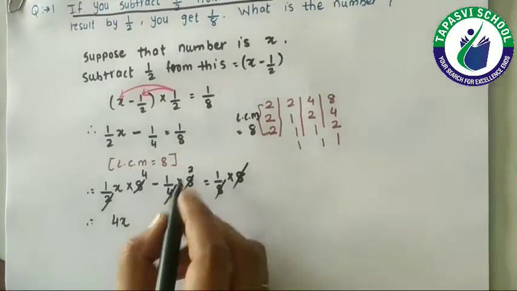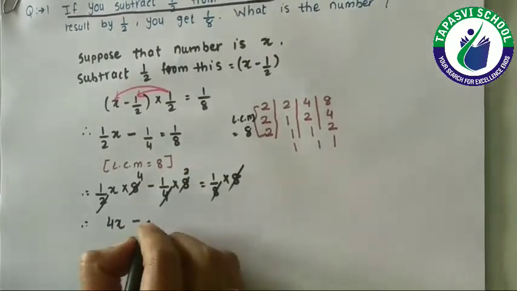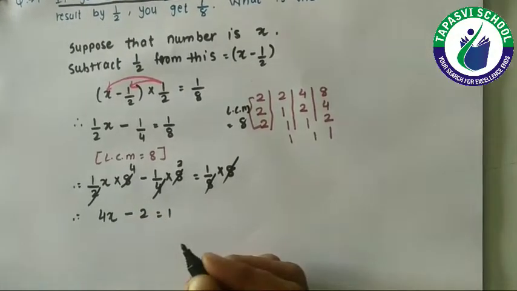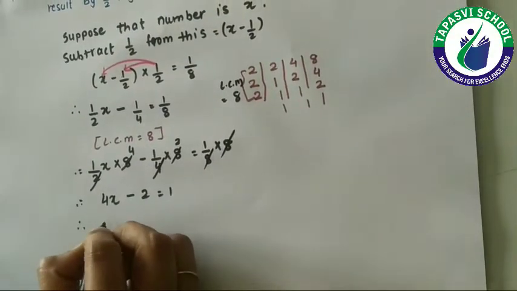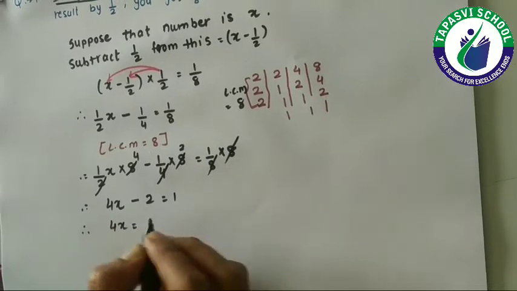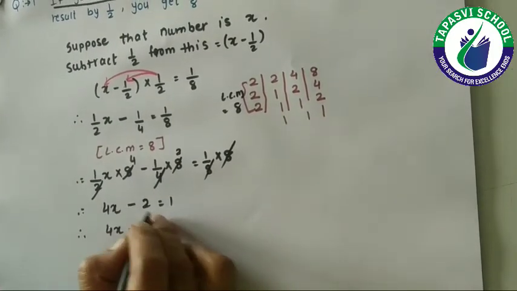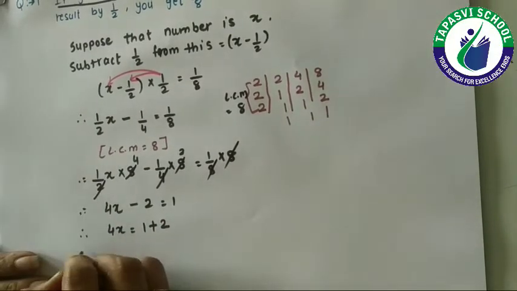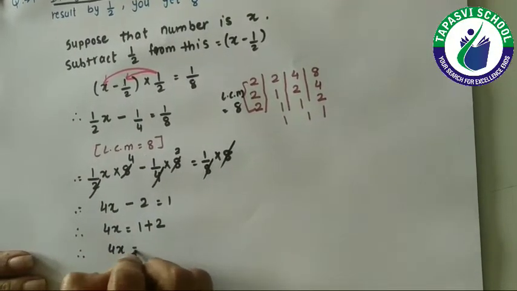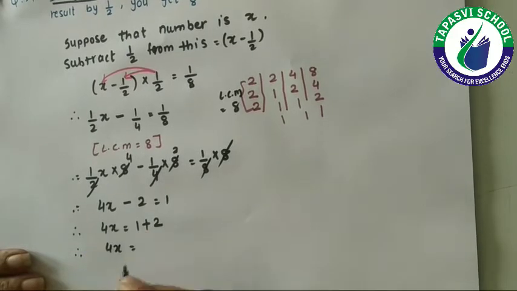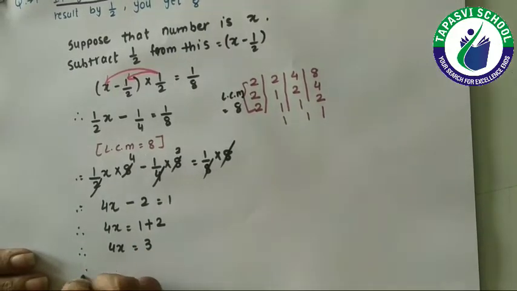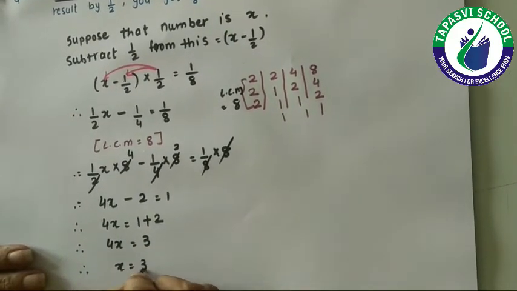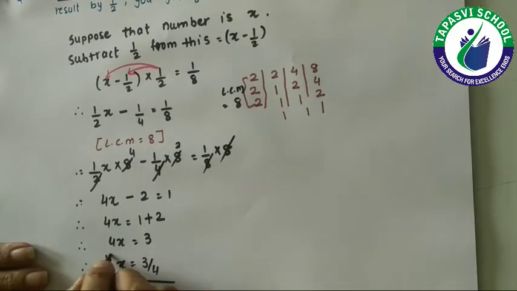Here minus 2 1s are 2, is equal to 1. Therefore 4x is equal to 1, minus 2 will come this side, it will become plus 2. Here 4x is equal to 2 plus 1, that is 3, and therefore x is equal to 3 upon 4.